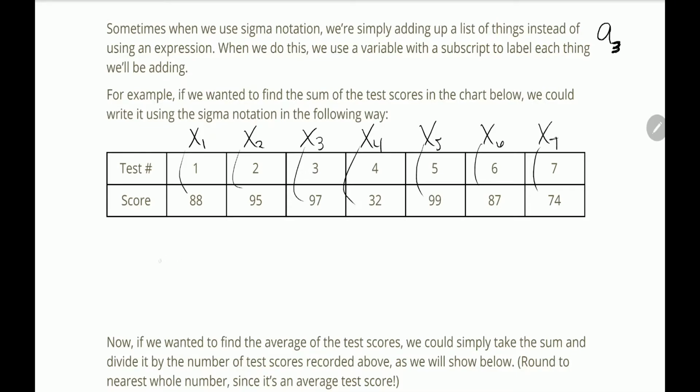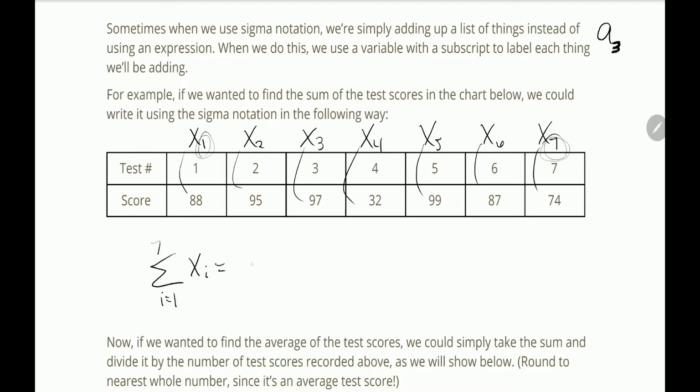We could write this in a different way. We would have a sigma still, because we are doing a sum, and then we would use x sub i, because the thing we're changing here is the subscript, and we would take the subscripts from 1 as the lowest, going all the way up to the 7th number.